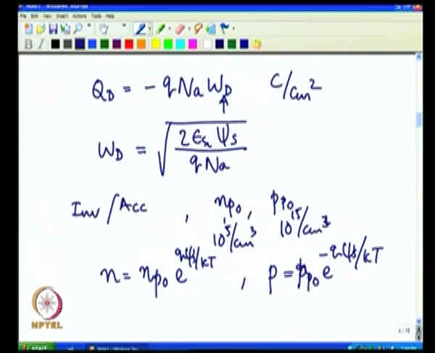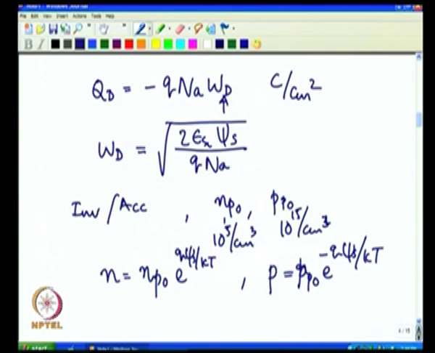So, once we start applying voltages, what is accumulation? Accumulation is when the bands are bending up, and it is becoming more and more p type. You started with a certain p type doping concentration, and the Fermi level is already below the mid gap, but at the surface it becomes more and more p type, the bands come closer to the Fermi level.